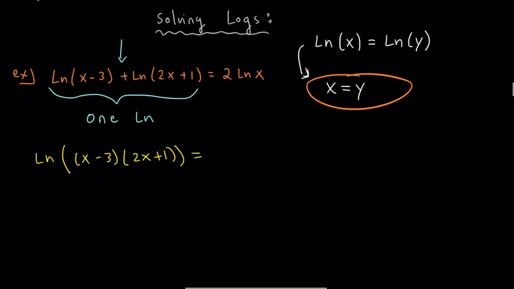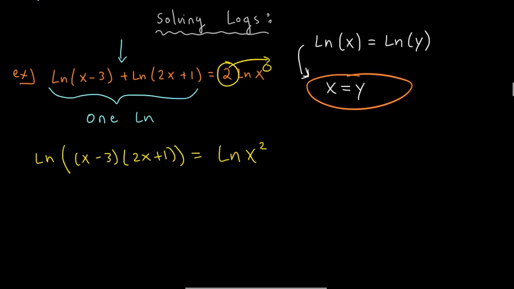And that equals, and here's another trick. If you have this 2 in front, you can put it back up top as an exponent. So this is really going to be the natural log of x squared once I rewrite it like that. This is an instance where it's useful to go the other direction: instead of pulling the exponent down in front of the natural log, you can put it up into the exponent when you're solving something like this.